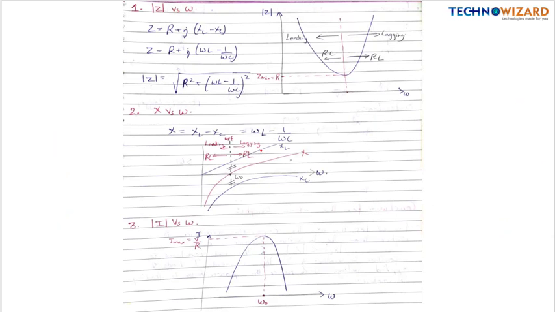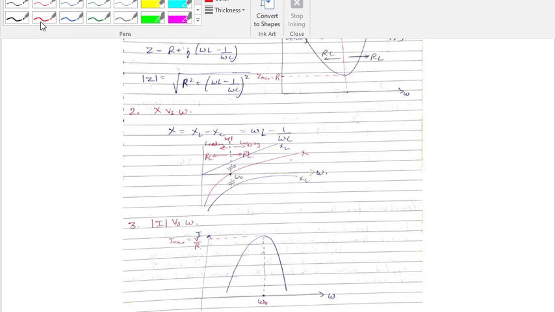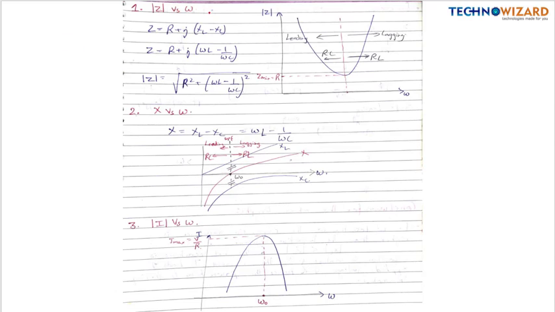Now let's see some graphs. This is a graph between impedance versus omega, that is the resonant frequency. For an RC circuit, this will be leading here. This is at resonance, or you can say the unity power factor.